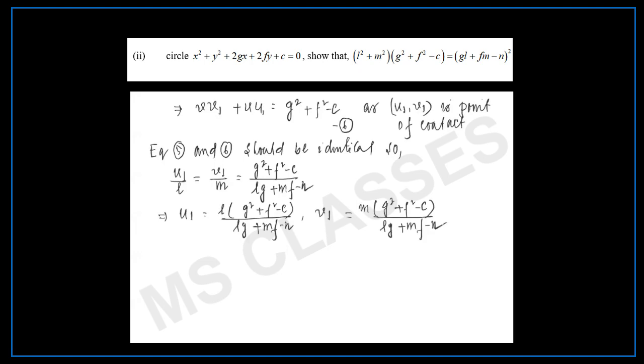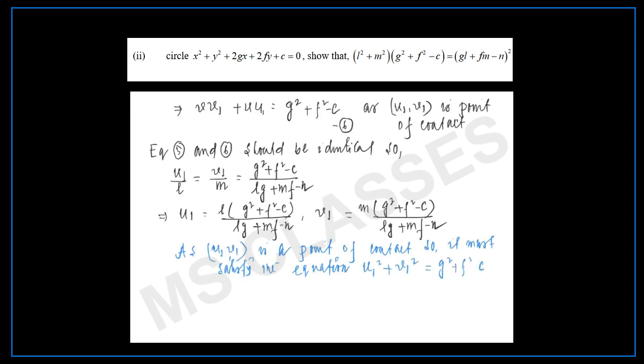Now since this is a point of contact, it must satisfy the equation: u1 square plus v1 square equal to g square plus f square minus c.